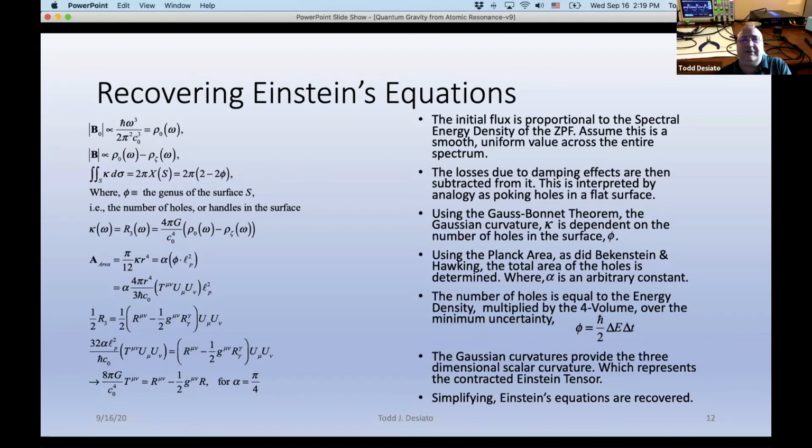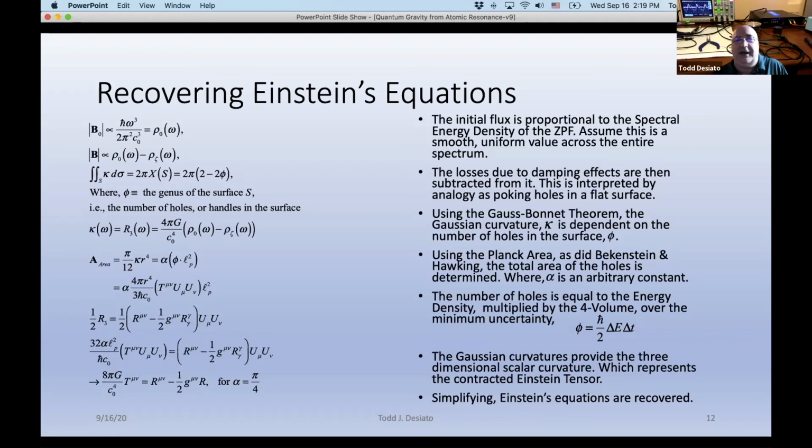If you assume that the vacuum is a uniform value spectral energy density spread out uniformly in the vacuum away from matter, and then it's losing flux and losing energy due to damping effects, these fluxes are subtracted from it. And this is interpreted like poking holes in a surface.